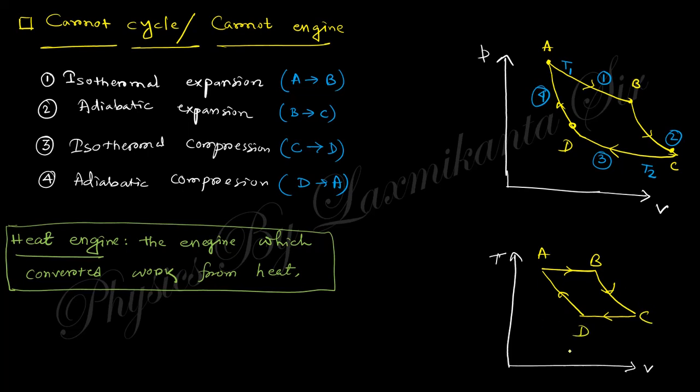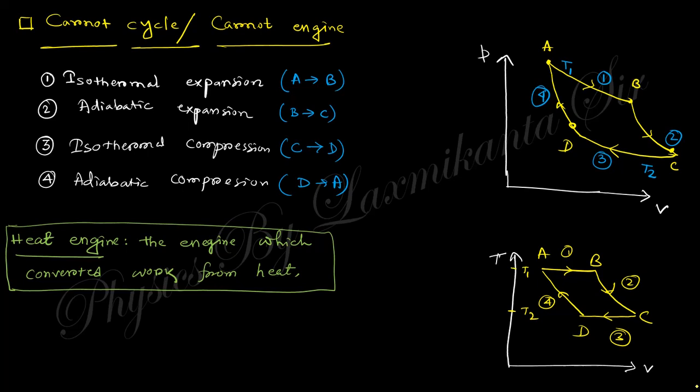This temperature is T1 and this temperature is T2, right? This is number 1, number 2, number 3 and number 4. Clear? That is the TV diagram of the same cycle.